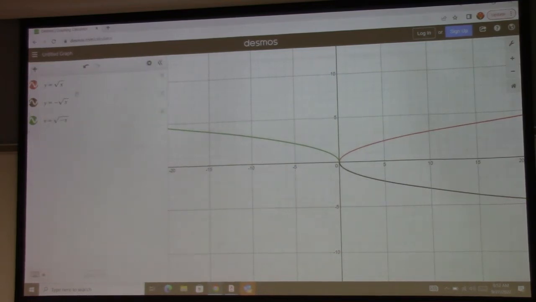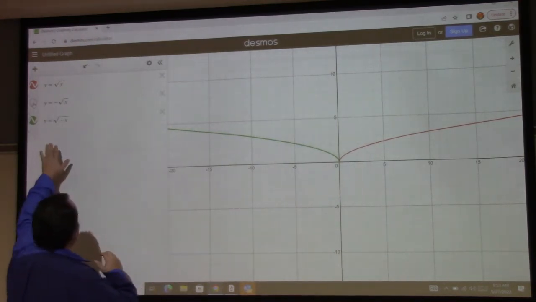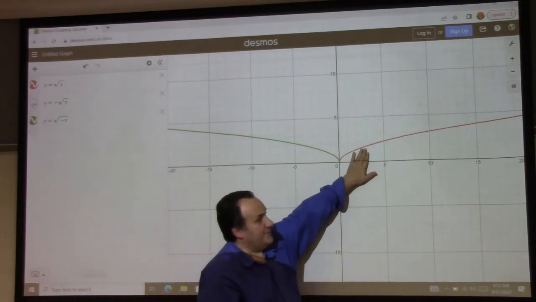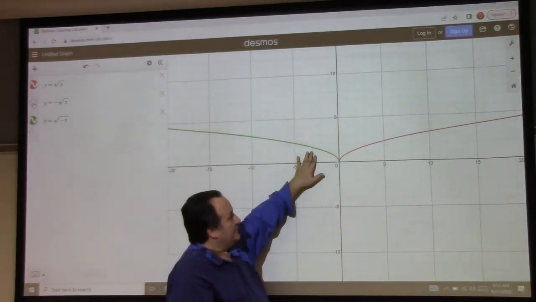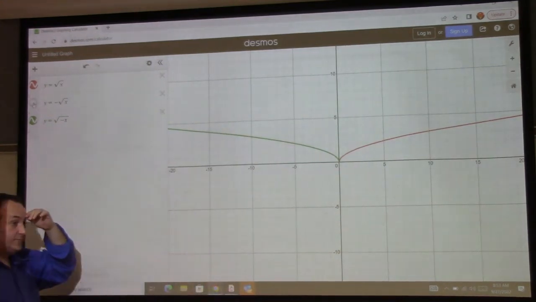I'm going to turn the black one off for a second. The original graph is the square root of x. If I look at y equals the square root of minus x, we take the graph and flip it over the y-axis. See that? That's what happens when we replace x with minus x. That's that transformation.